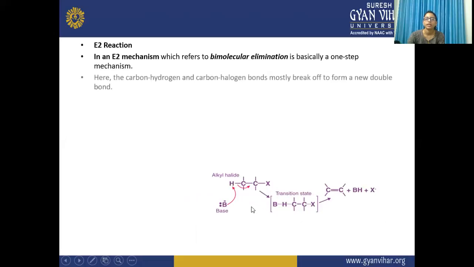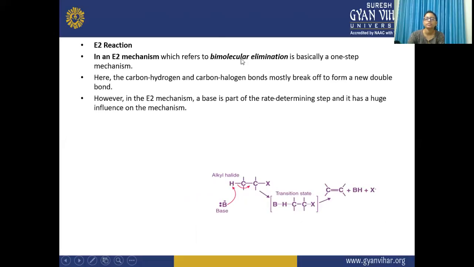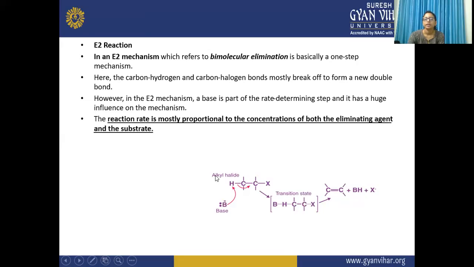Now this is the E2 reaction. In the E2 reaction mechanism, E means elimination, 2 means bimolecular. It is basically a one-step process. Here the carbon hydrogen and carbon halogen bonds break off, and there is a formation of a new double bond. In the E2 mechanism, the base has a huge influence on the mechanism.